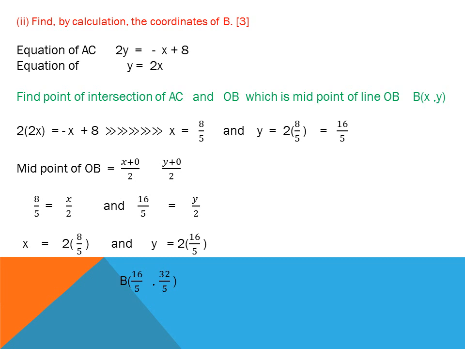The x coordinate of the midpoint of OB is 8/5 and the y coordinate is 16/5. So x over 2 is equal to 8/5, which gives x equals 16/5, and y over 2 is equal to 16/5, which gives y equals 2 into 16/5. Then I find the final coordinates of B are (16/5, 32/5).